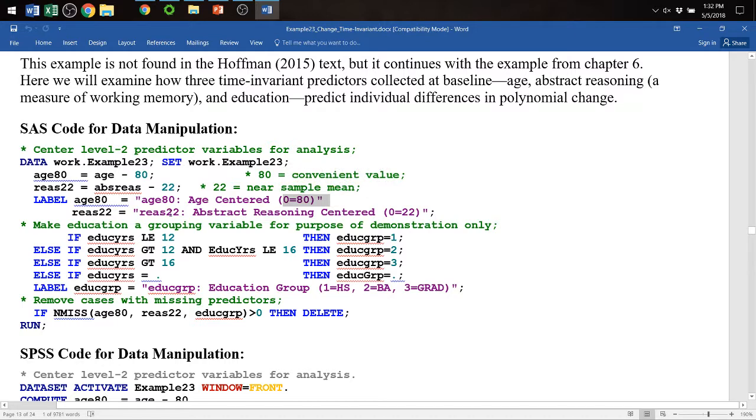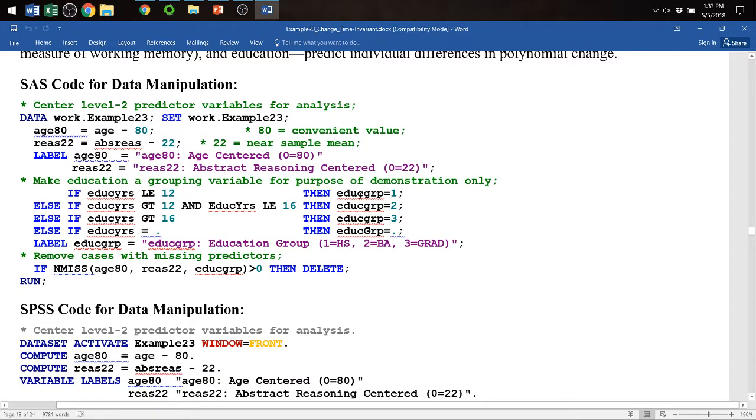I also have a measure of abstract reasoning, which is used to indicate fluid intelligence, and I centered it near the variable's mean, a score of 22 in this sample. And just for the purposes of giving you a categorical predictor, I cut up education. I would never do this in life, but I didn't have a categorical predictor that was handy, and so I made one. So I have low, medium, and high education that corresponds to high school, bachelor's level, or graduate work.